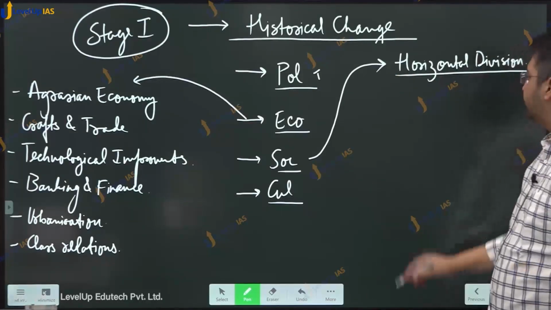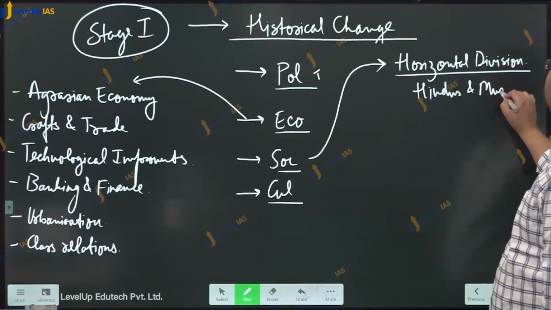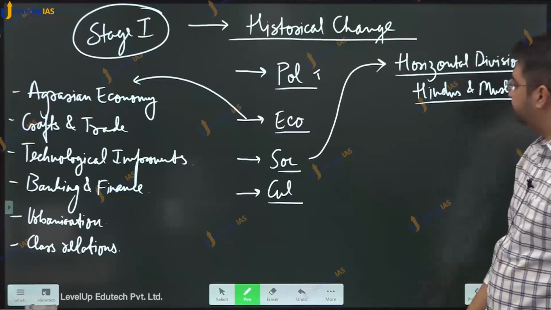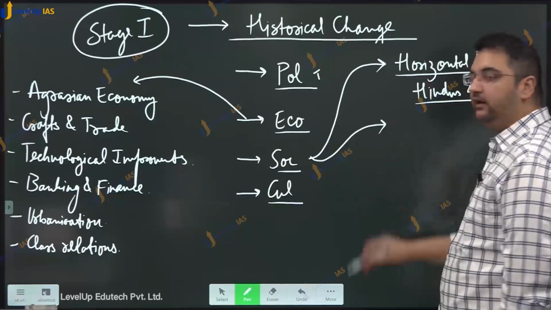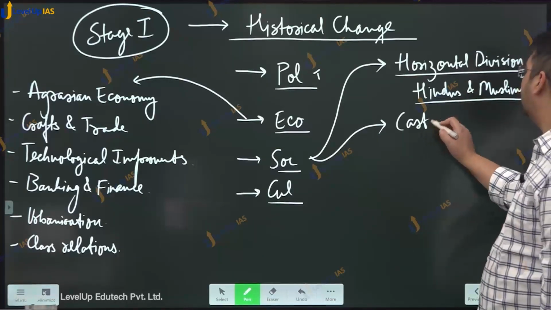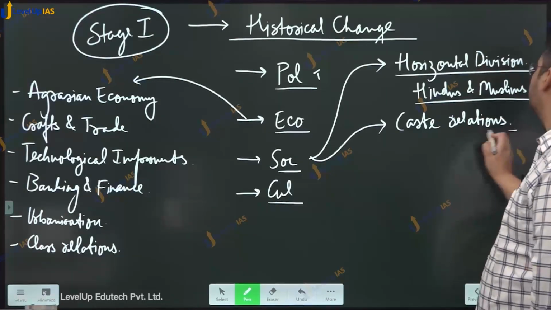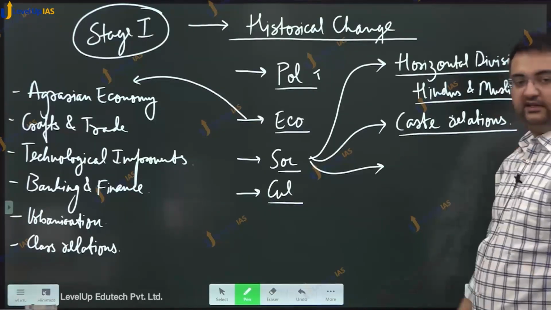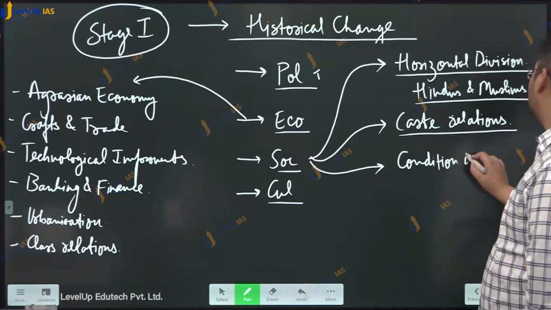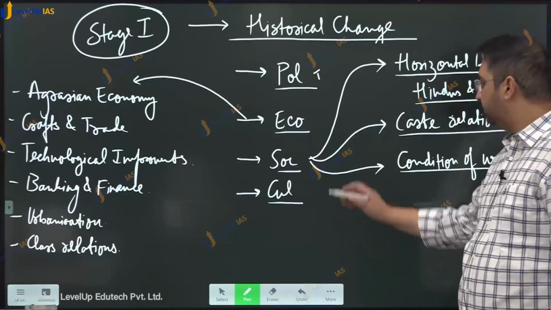So two major social groups emerged, Hindus and Muslims. इनके इंटररिलेशंस को हमको देखना है. फर्दर the earlier questions still remained relevant, questions relating to caste, further the condition of women remained a relevant question.